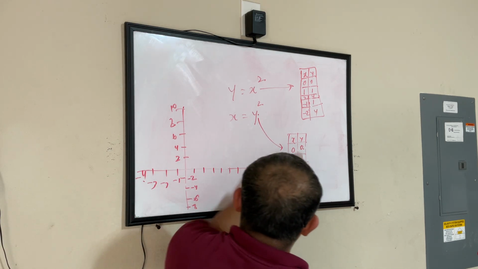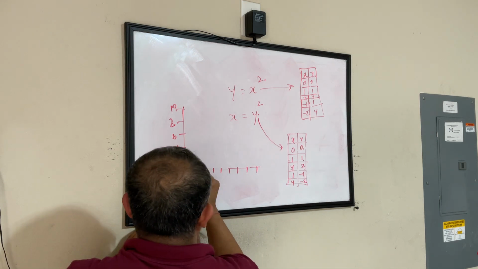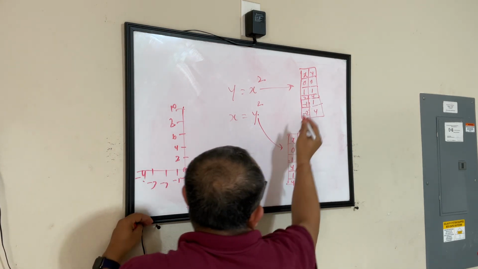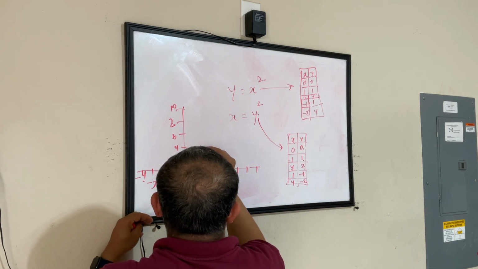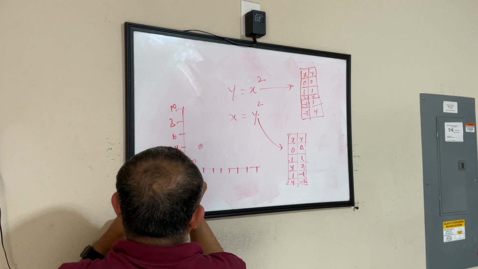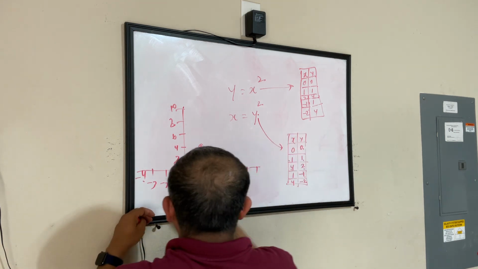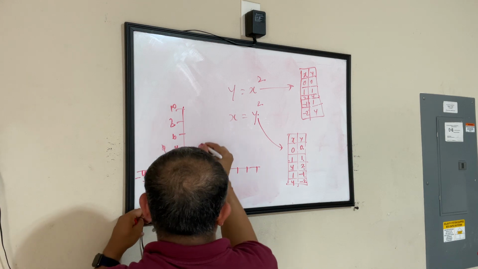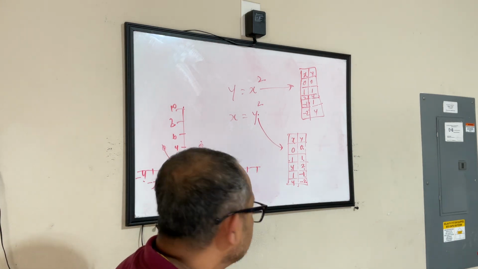Okay. Now let's plot this guy. 0, 0, this point. 1, 1, this point. 2, 4, this point. Minus 1, 1, this point. Minus 2, 4, this point. Okay, this is my parabola, a very familiar one that we have seen so many times.